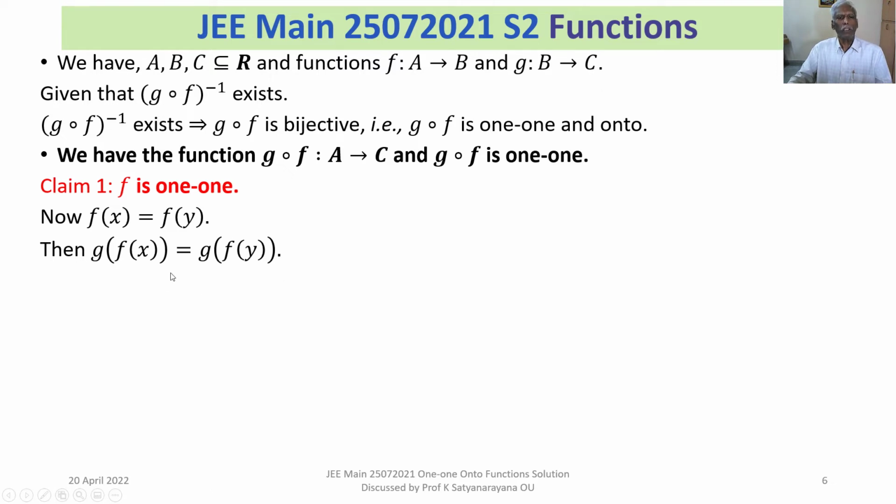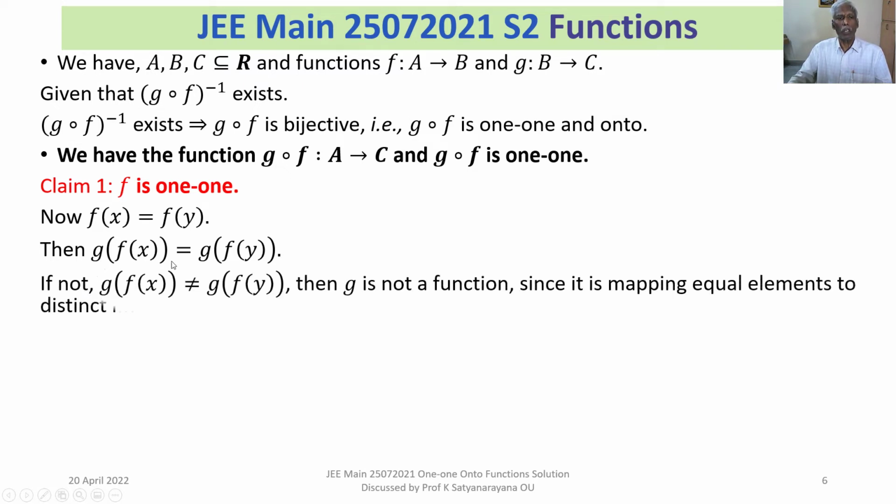Now, one may say they may not be equal. Then in that case, g is not a function. So, if g(f(x)) is not equal to g(f(y)), then g is not at all a function. Why? Because it is mapping two equal elements, f(x) equal to f(y), onto two distinct images, that is g(f(x)) not equal to g(f(y)).